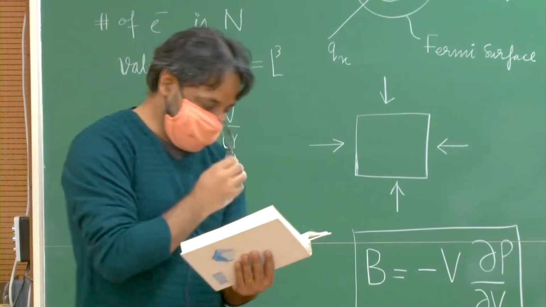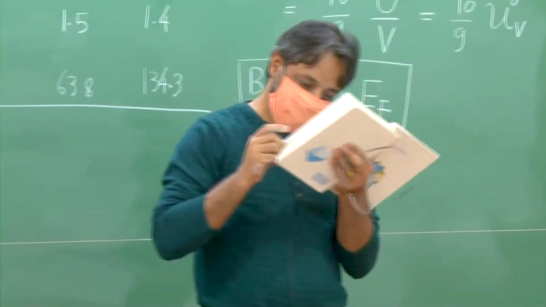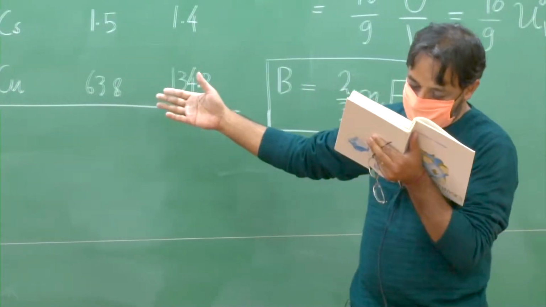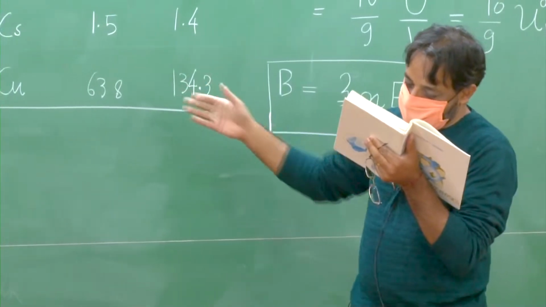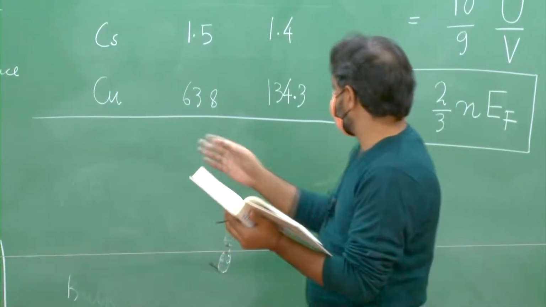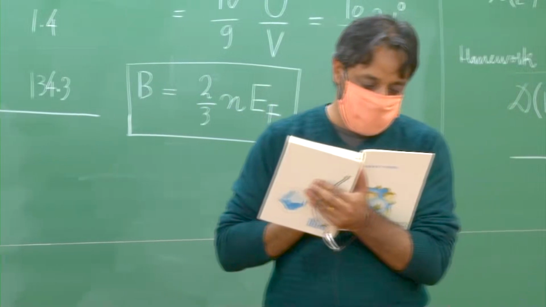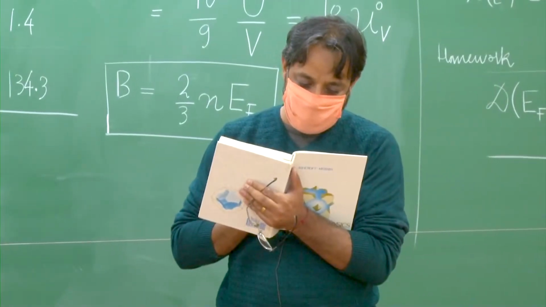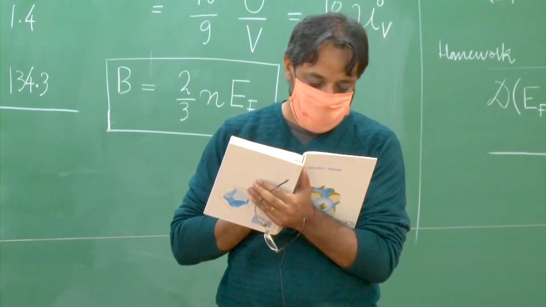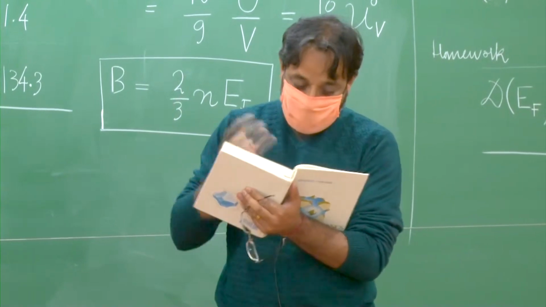So it says that the agreement for heavier alkali metals is fortuitously good, but even when it is substantially off, for example, as in the case of copper, noble metals, it is still off by about the right order of magnitude, though it varies from 3 times too large to 3 times too small through the periodic table, through the table which they have given.